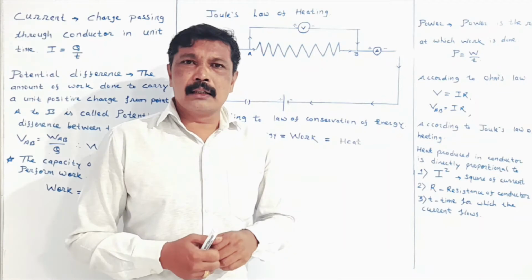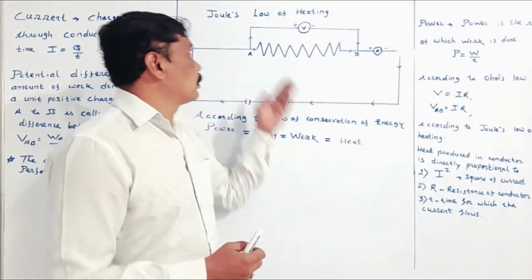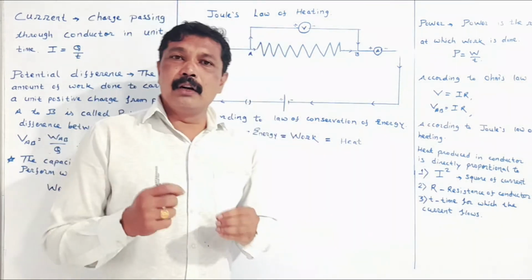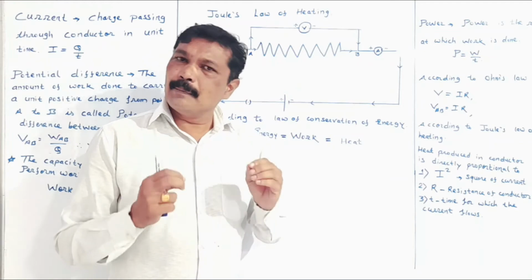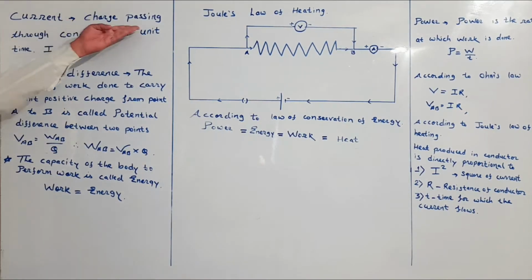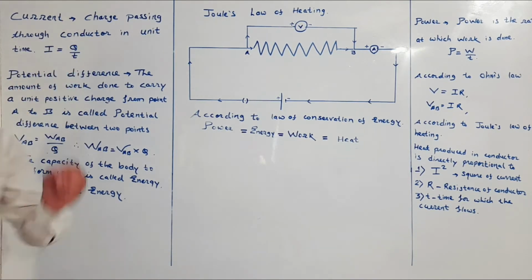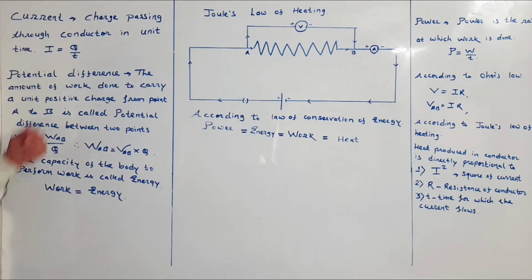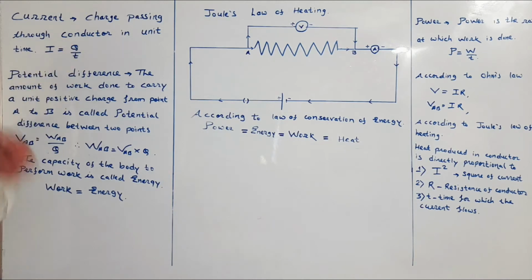My dear student, before going further in our topic Joule's law of heating, we will try to know some terminologies which we have studied in the lower classes. First, current. Charges passing through a conductor in unit time is called current. Current is denoted by I, and the formula for current is I = Q/t.